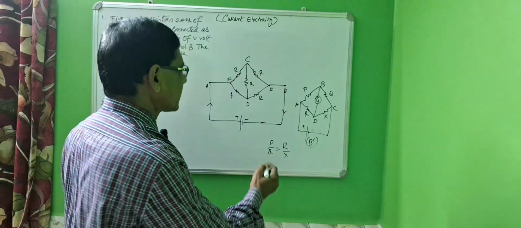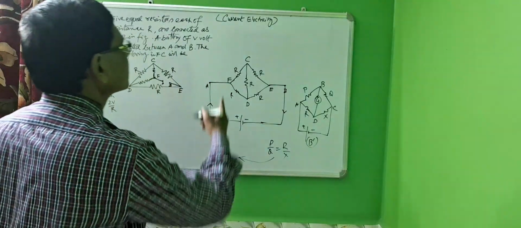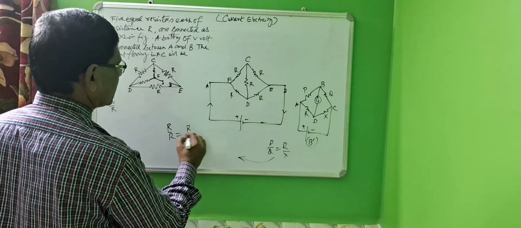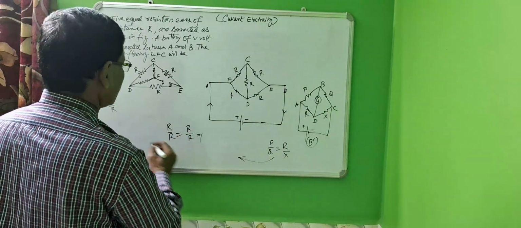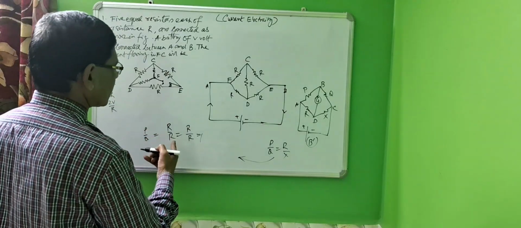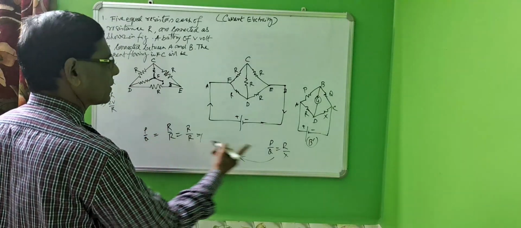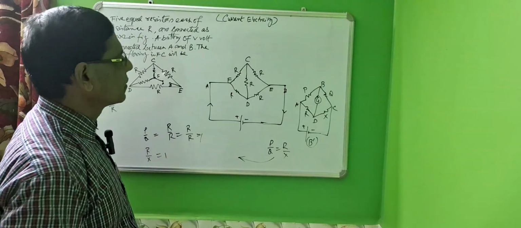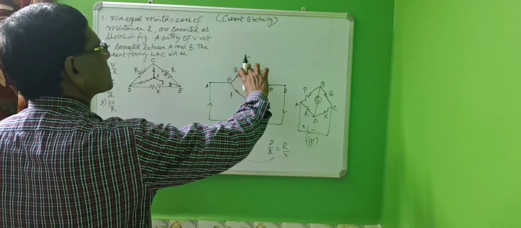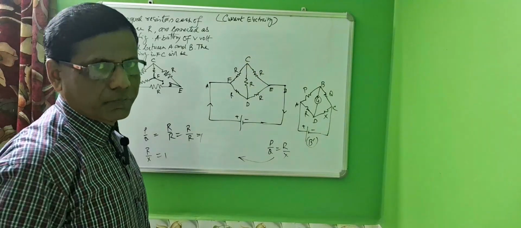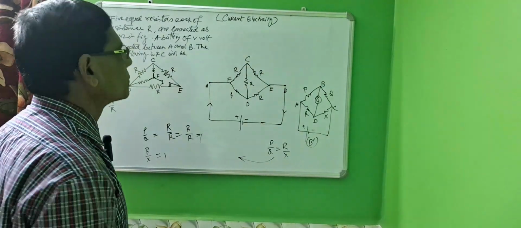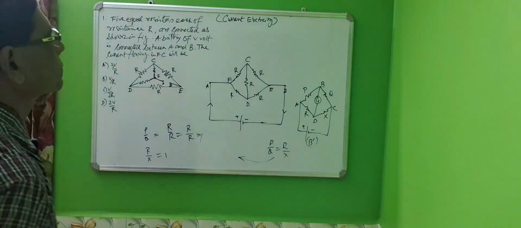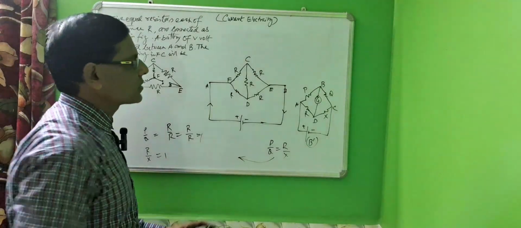So apply the second one. We can write here R by R equals R by R equals 1. So P by Q equals R by R equals 1, and R by X also equals 1. So we can say that this sub-circuit is currentless. So we can write this as equivalent.